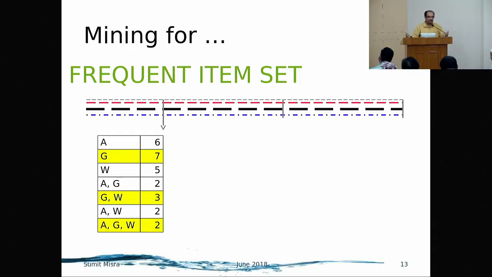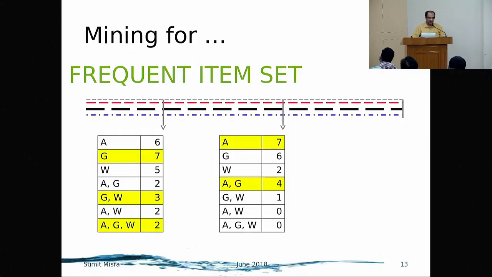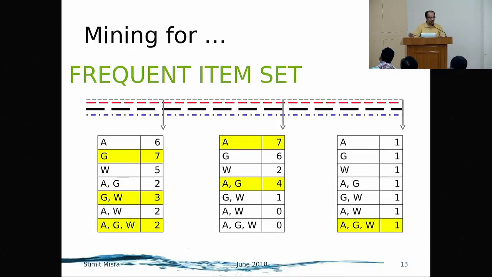Singletons will occur more than doubletons, and doubletons will occur more than tripletons, and so on. This is again a frequent item set, and with time this is occurring separately. Now if you see the last one, it is interesting. Only AGW is the test that has occurred. No other test is occurring, and because that is one, all of these are ones.